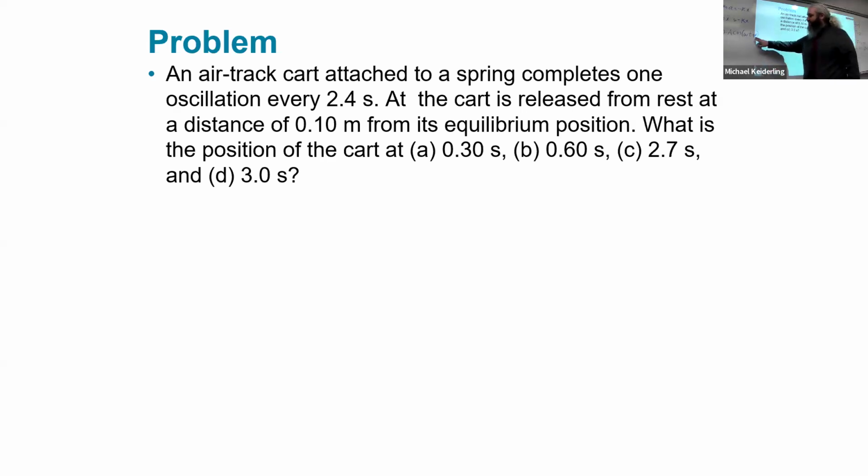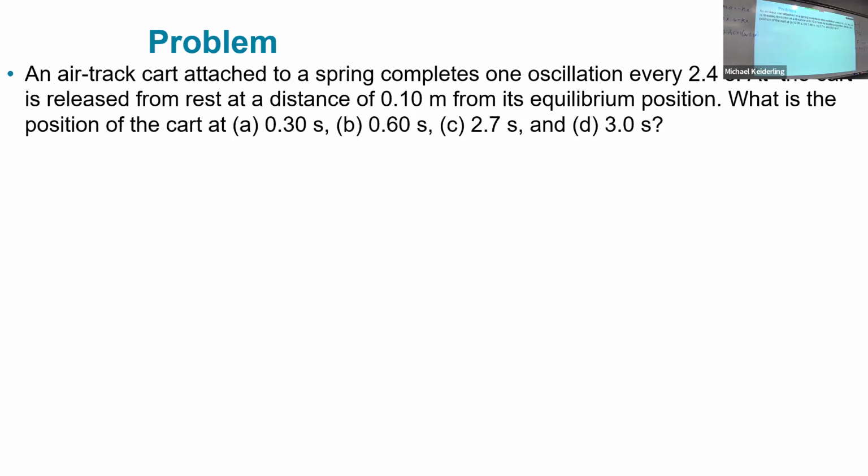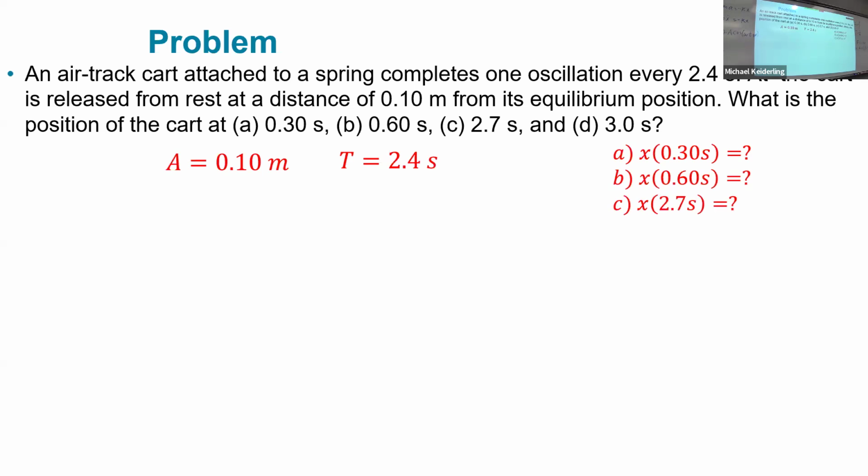You don't have to worry about a phase. So if we list what we know, our amplitude is 0.1 meters and our period is 2.4 seconds, and we're trying to find x at 0.3 seconds, 0.6 seconds, 2.7 seconds, and 3 seconds, respectively. I'll let you work on that for a couple of minutes.